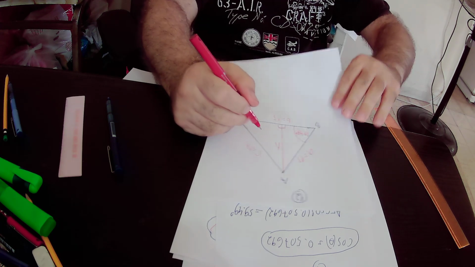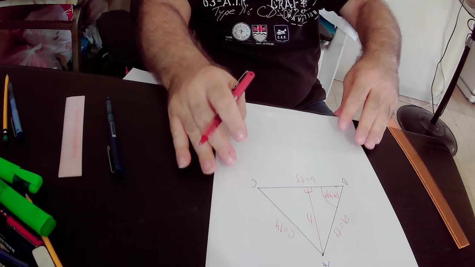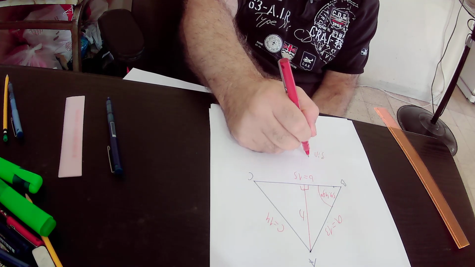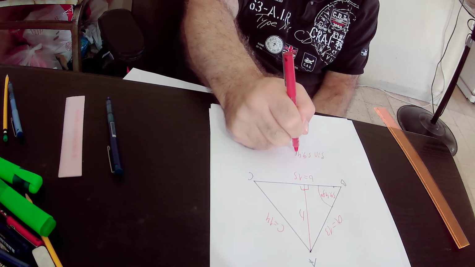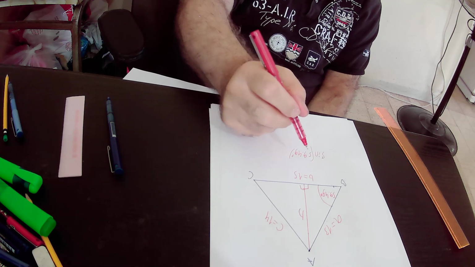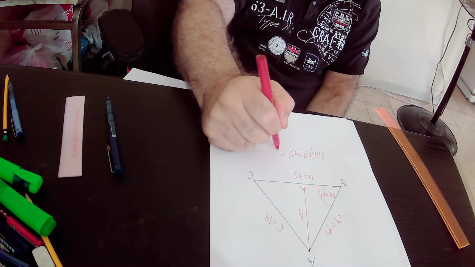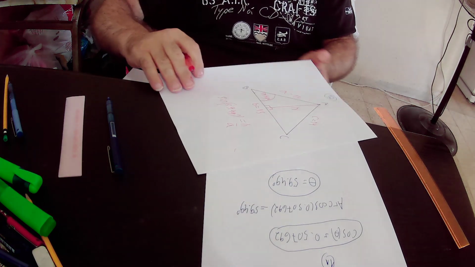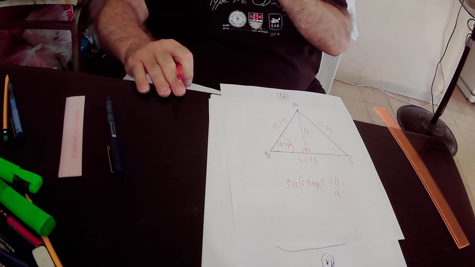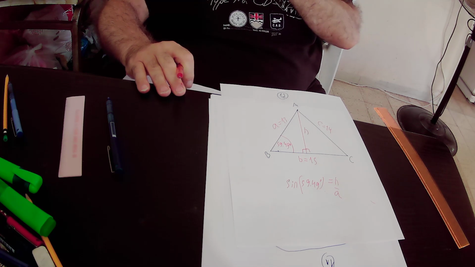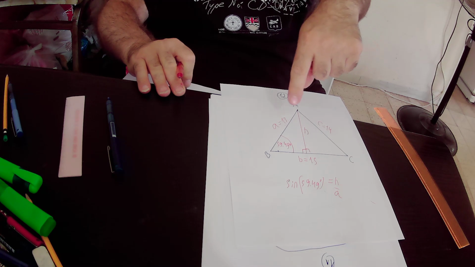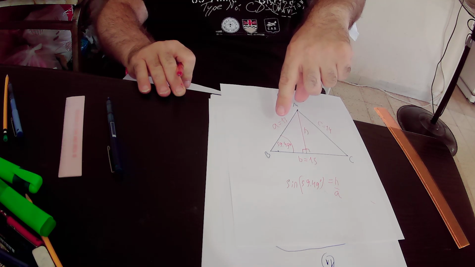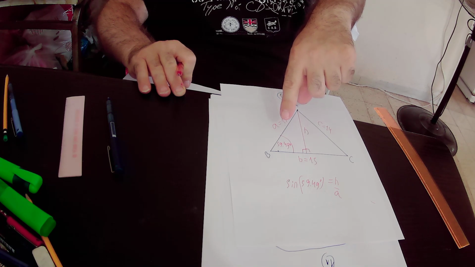Of triangle ABC. And we know that in any right triangle, sine of 59.49 degrees equals the edge over the hypotenuse A. Okay, in any right triangle, the value of sine is the relationship between the side that is in front of that angle over the hypotenuse of that right triangle.